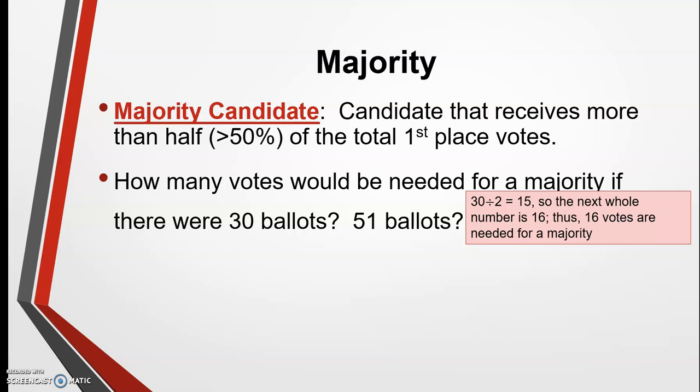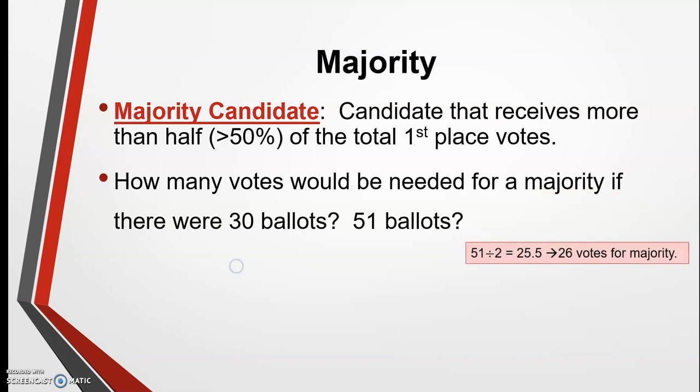So let's think about 51 ballots. In that case, half of 51 would be 25.5. So we don't need to add 1 because that would be 26.5, and we can't have half a voter. Instead, we need to take the 25.5 and round up to 26. So for 51 ballots or 51 voters, you would need 26 votes for a majority.